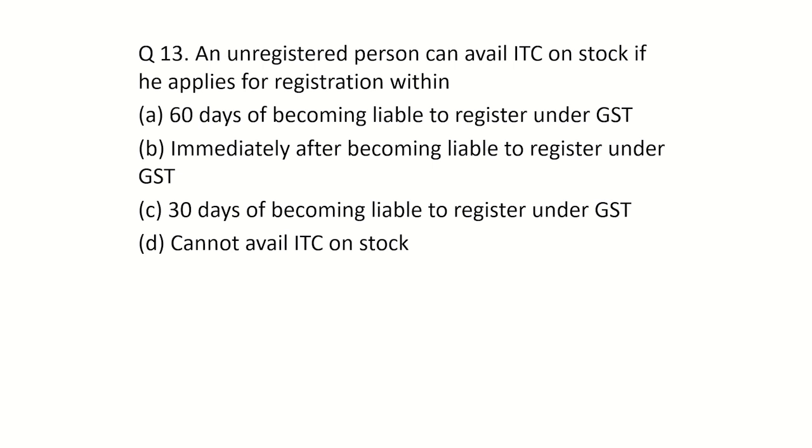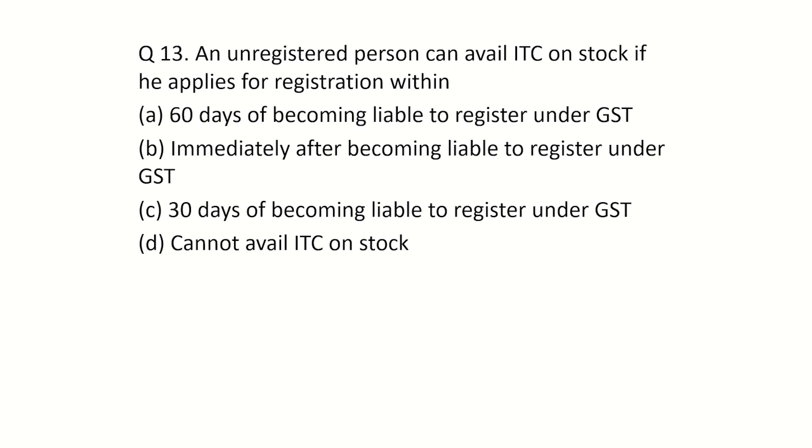Now, the next question is with regard to an unregistered person availing ITC on stock if he applies for registration within. The options given are 60 days of becoming liable to register under GST, immediately after becoming liable to register under GST, 30 days of becoming liable to register under GST, or cannot avail ITC on stock.